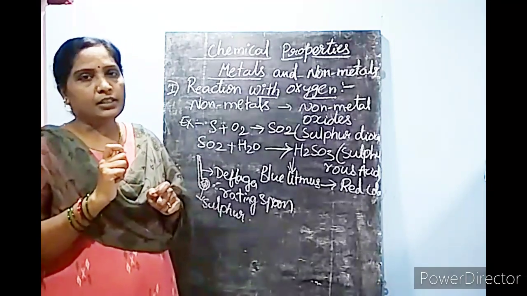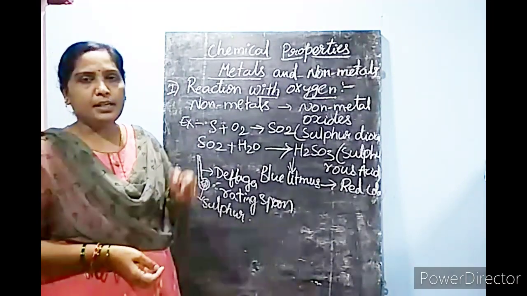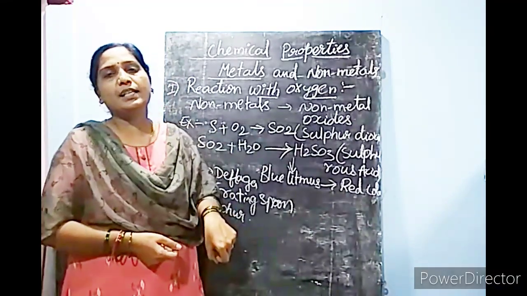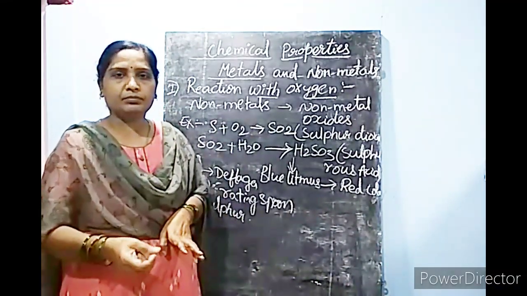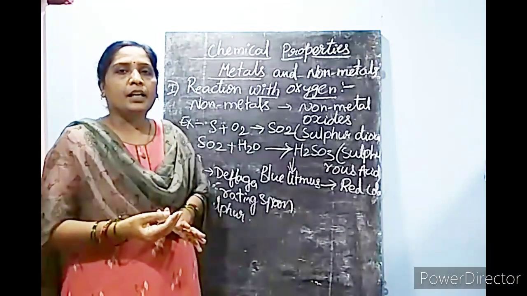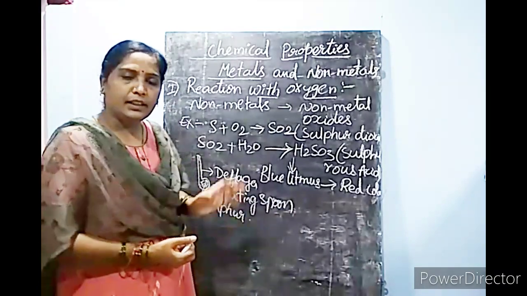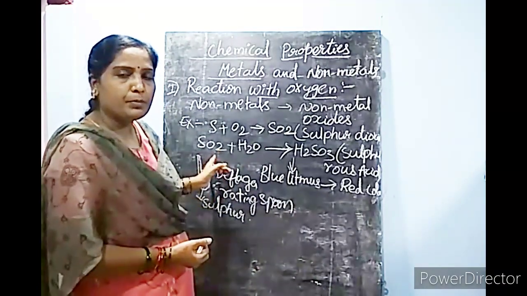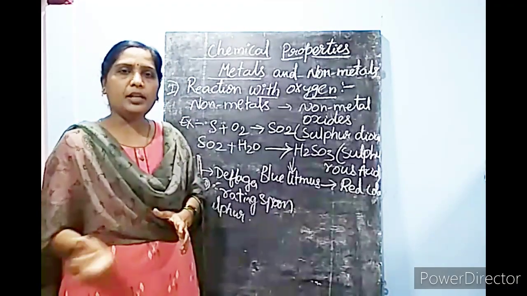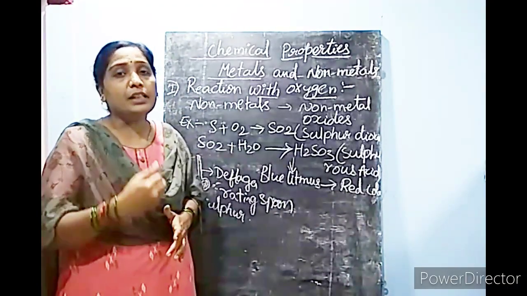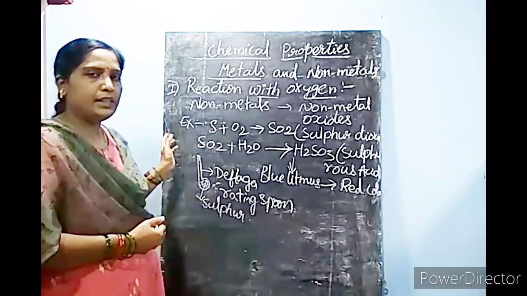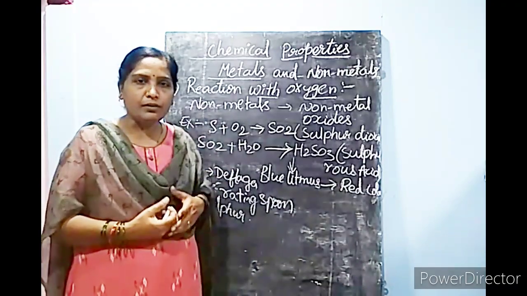After burning the sulfur, immediately keep this deflagrating spoon inside a glass jar, and see that the gas which is produced when we burn the sulfur does not go outside. So immediately you cover the glass jar with a lid, and after some time slowly remove the lid and add a little amount of water.